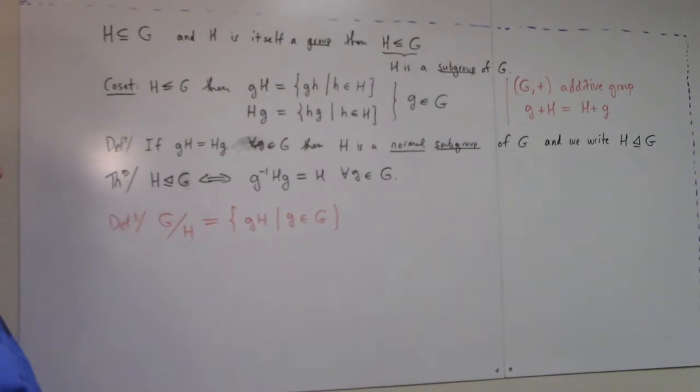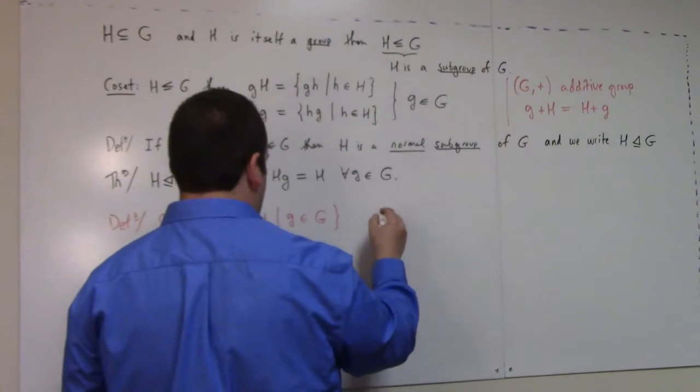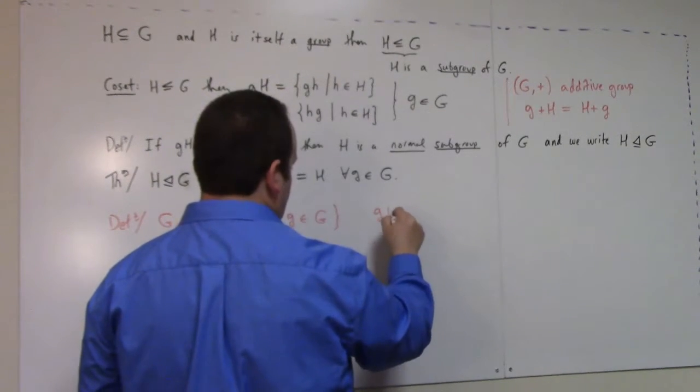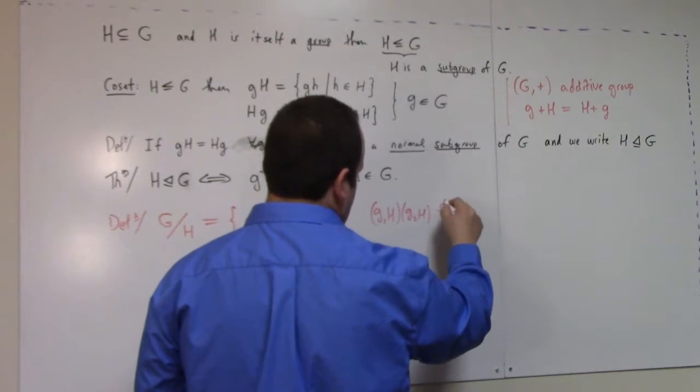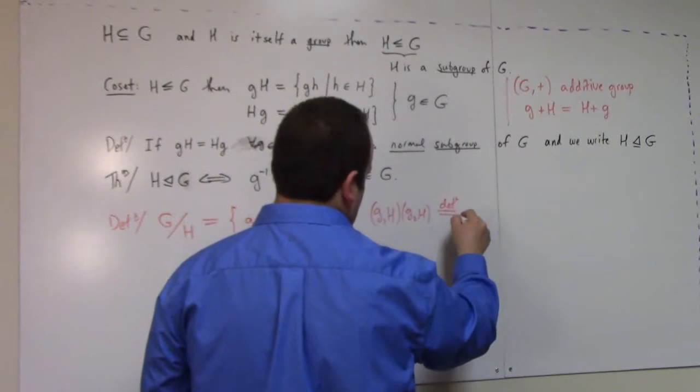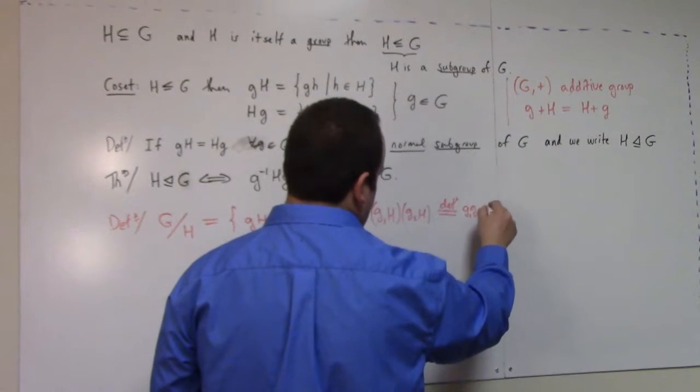Now how do you define the group operations in here? Well, if I have g1H times g2H, by definition that's g1g2H.